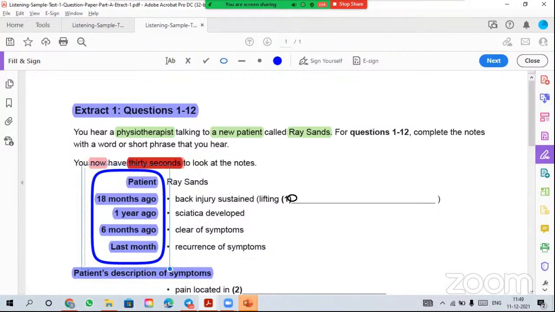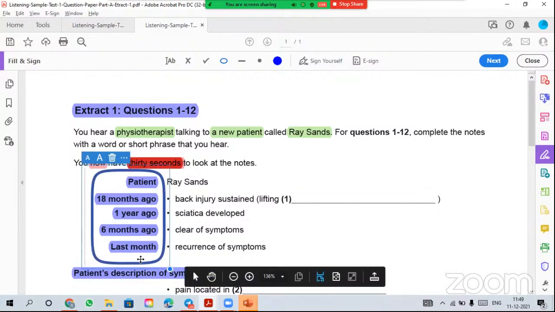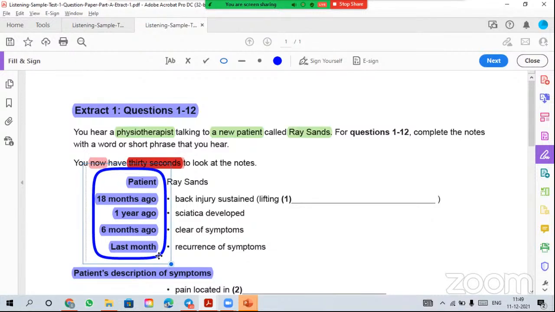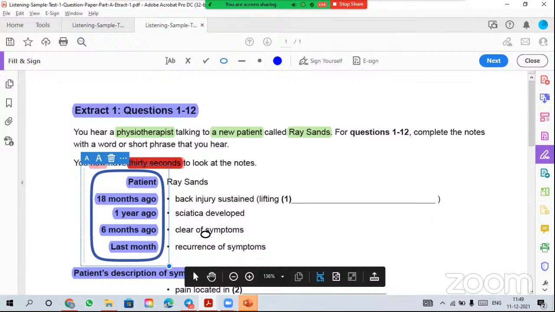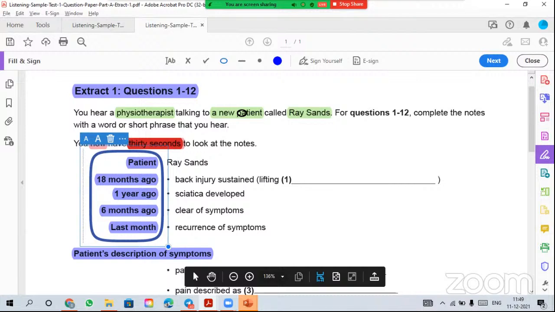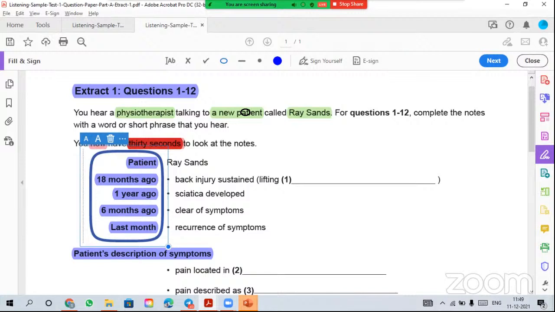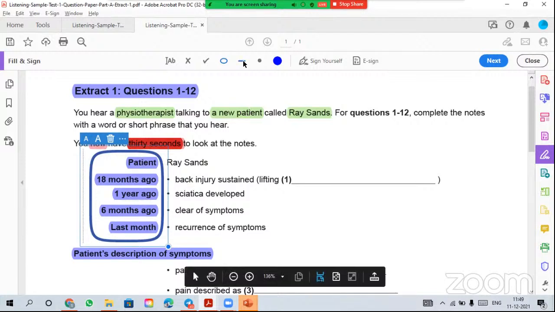This is the history, the past story. First one is the history, because for a new patient, the doctor doesn't know about the past. So he will definitely ask about the past.